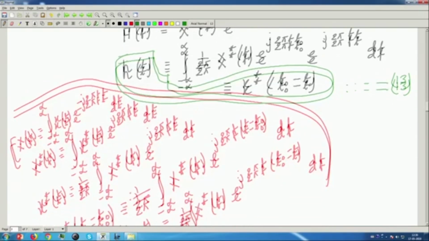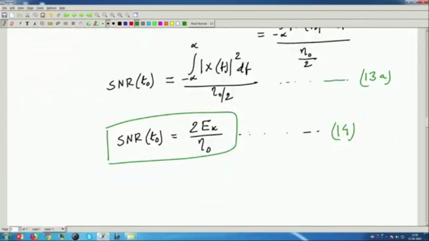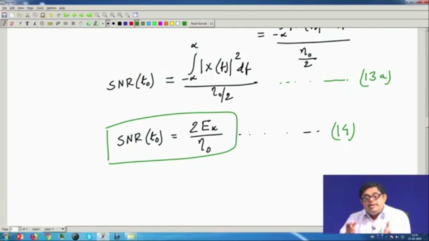And what does equation 14 say? Equation 14 says the instantaneous SNR at the output of the matched filter depends on the power spectral density of noise and also the signal's energy. It does not depend on signal shape.